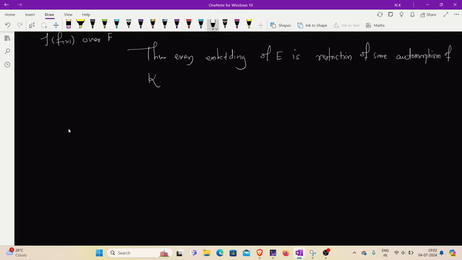Okay, so suppose sigma and sigma dash are two automorphisms of K. Under what condition can I say that they restrict to the same embedding?